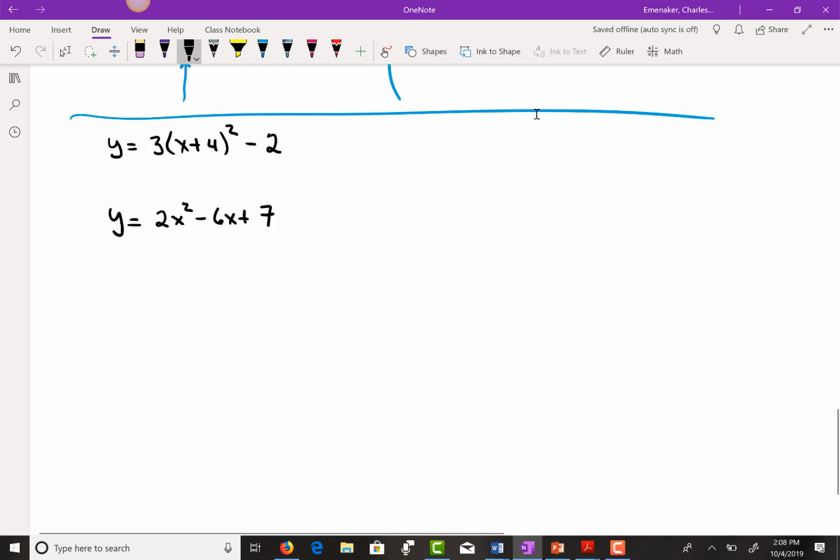We're dealt something like that. What I'm going to show you how to do here is how to take something like this and convert it to this other form. Once you got it in this other form, you own that equation, don't you? You know exactly what's going on. So how are we going to do this?